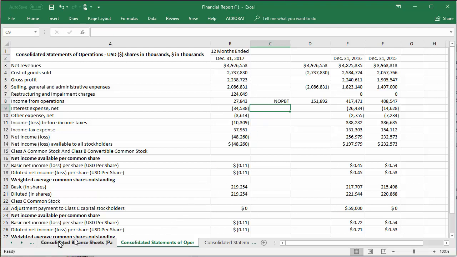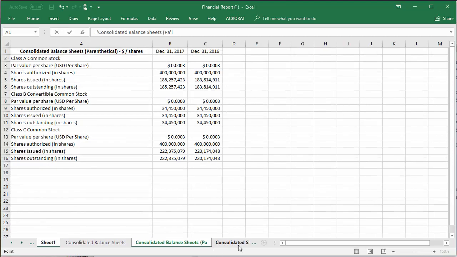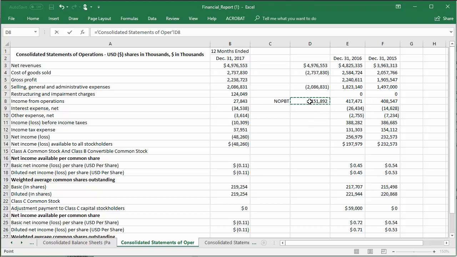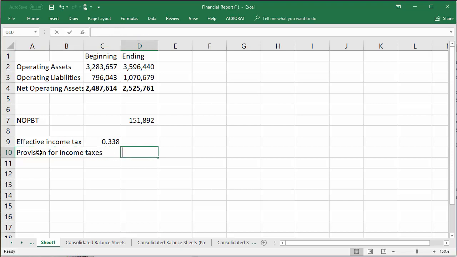And then my taxes, actually I'm going to do it over here. So net operating profit before taxes was equal to $151,892. The effective income tax rate is 0.338, so the provision for income taxes strictly on this would be 151,892 times 0.338, or 51,339.